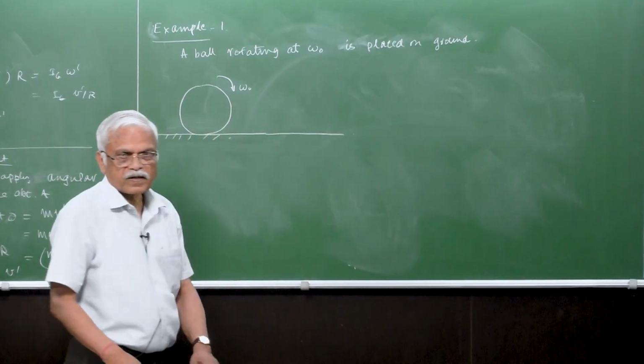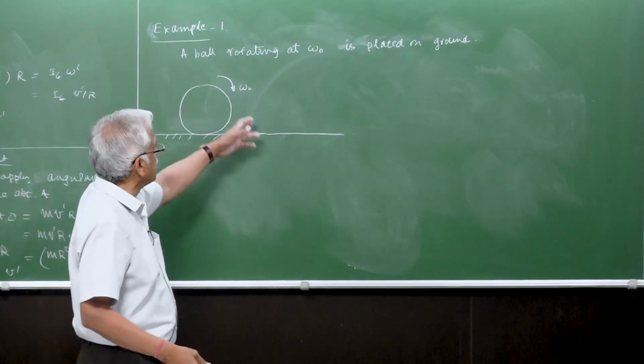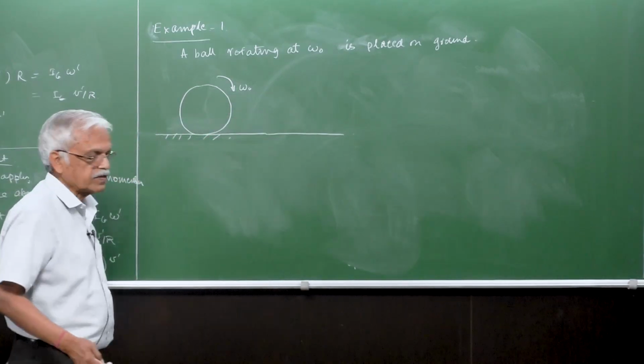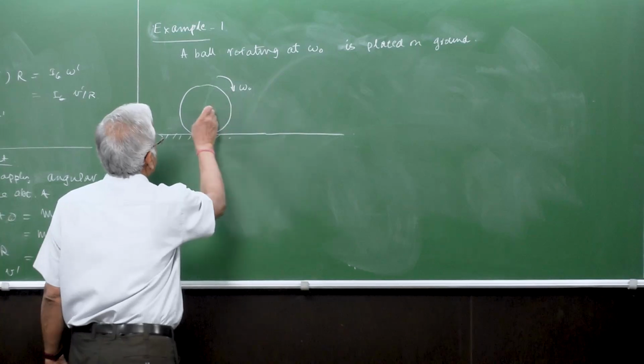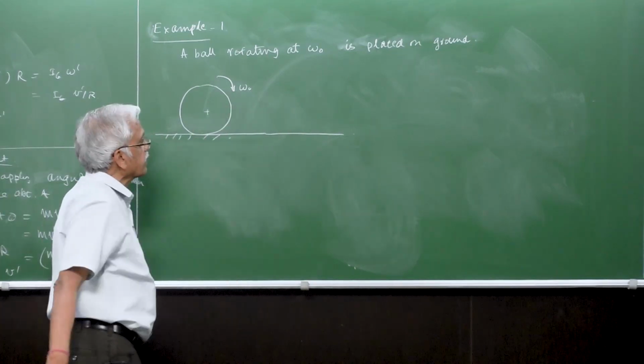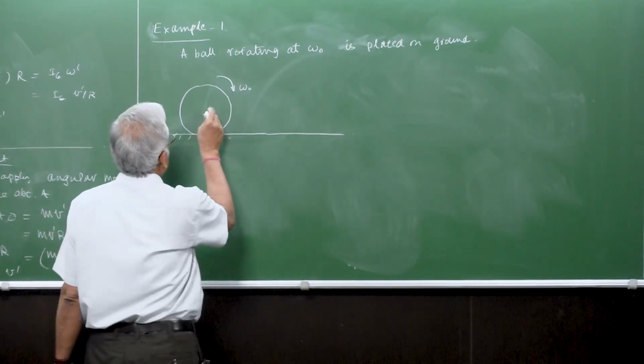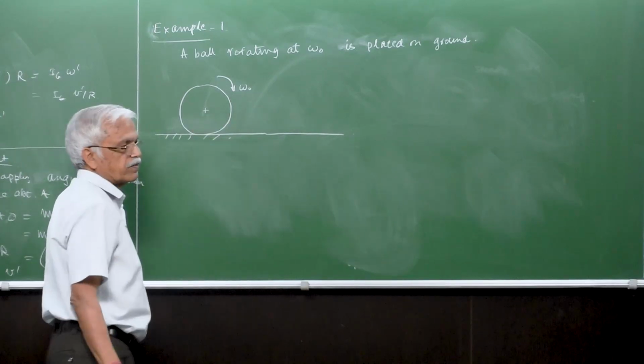Just like we said the same thing with a certain initial velocity, now we have only an angular velocity omega naught, and we would like to see what happens.